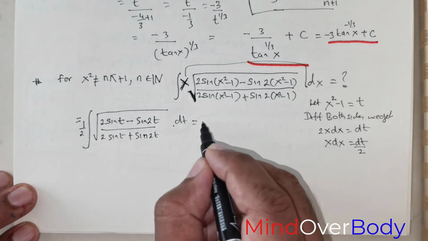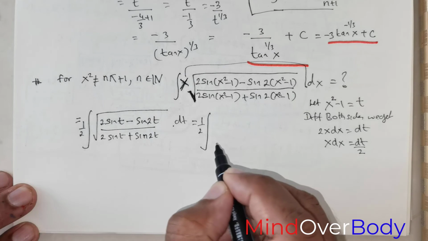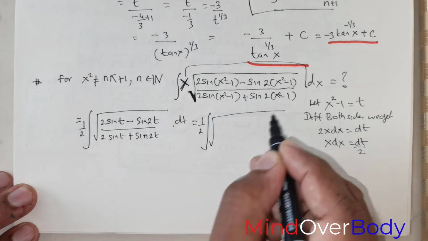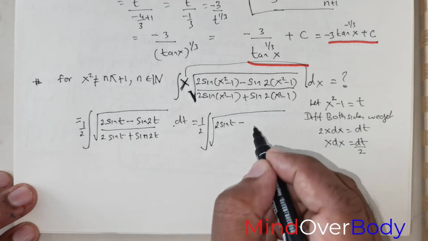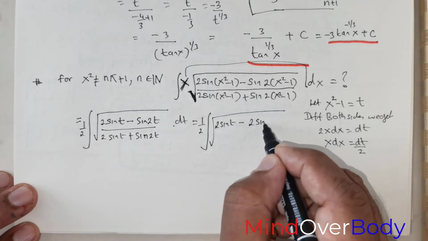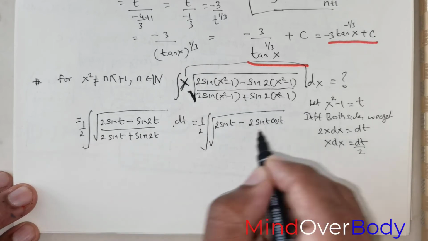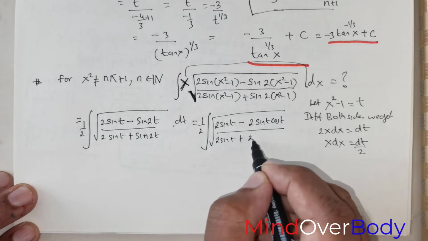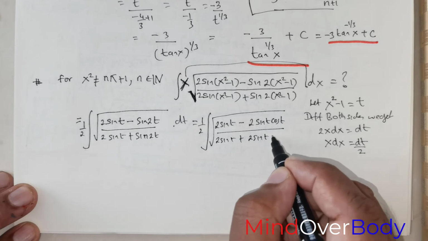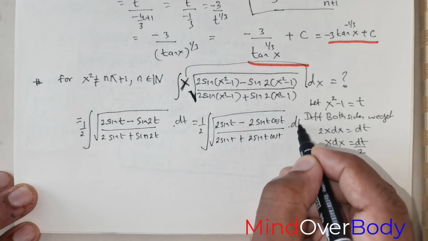Now this is equal to 1 over 2 times integral square root of 2 times sine t minus sine 2t, which is 2 times sine t cos t, over 2 times sine t plus 2 times sine t cos t, times dt.